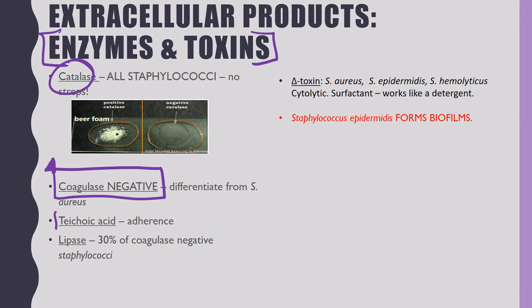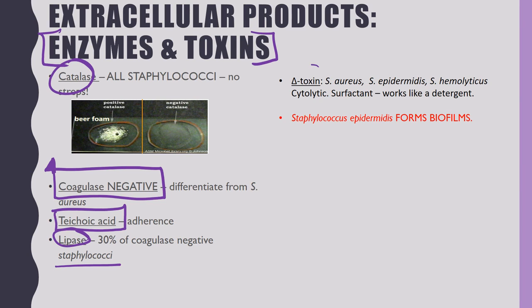It's gram-positive, so that means it has those teichoic acids, and those are really good for adherence, right? It also has lipase, so about 30% of the coagulase negative staphylococci will have lipase, which basically means they're capable of breaking down fats. So that's one of those extracellular enzymes that's good for invasion.